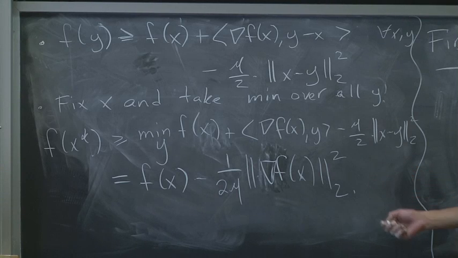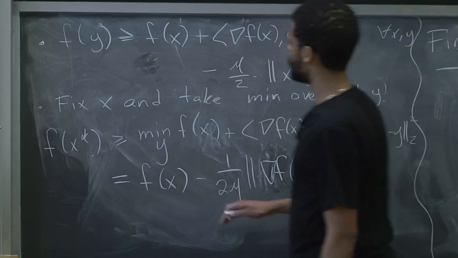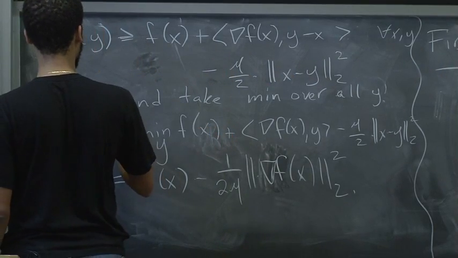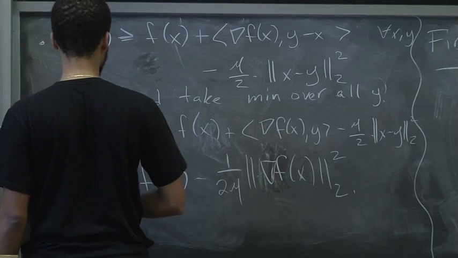So this is just calculus to figure out which y minimizes this right-hand side. Okay, and actually, I want to fix x to be, let's say, xk, our kth iterate.